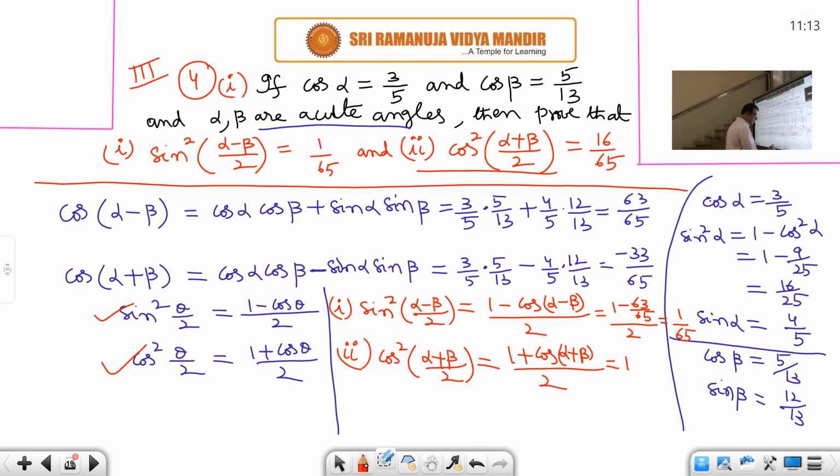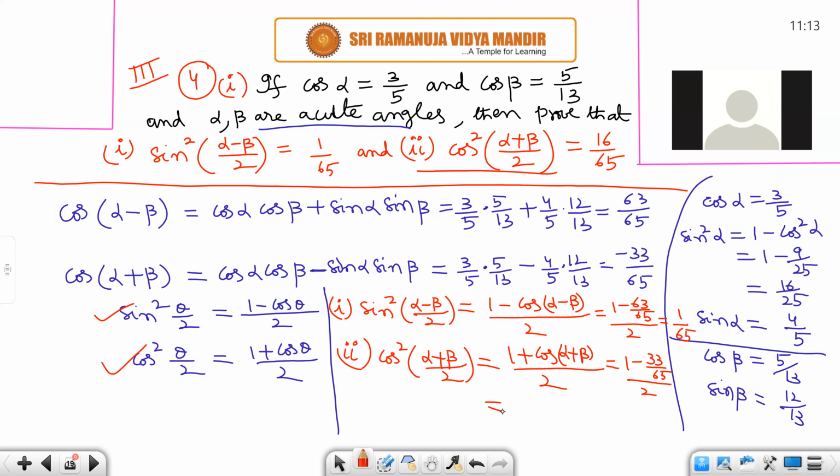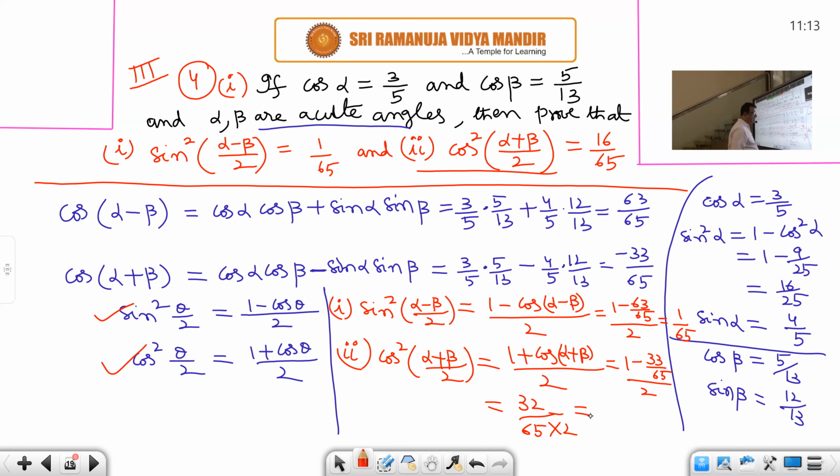It is actually 1 minus 33 by 65, by 2. 65 minus 33, how much? 32 by 65 into 1 by 2, sir. Then simplify. Final answer, 16 by 65, sir. Correct. So that is what we have to prove. So you can see here in the question. So we have completed this. I think last problem, one more problem, we'll do it and complete.